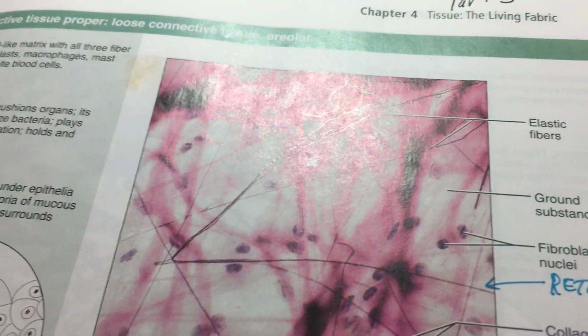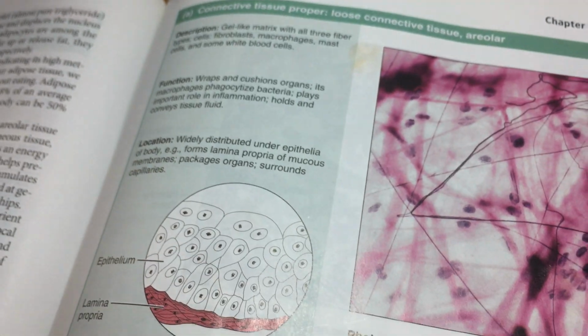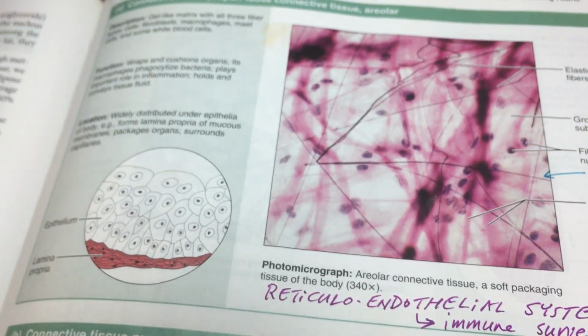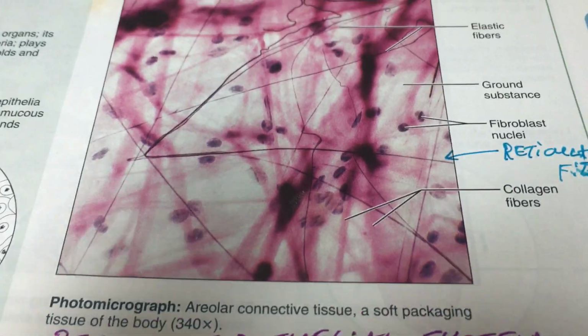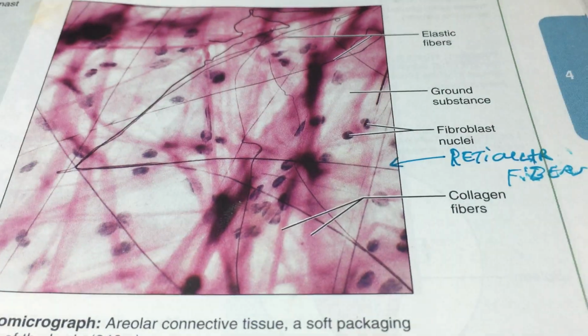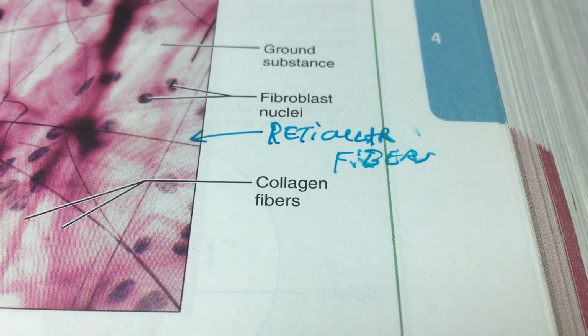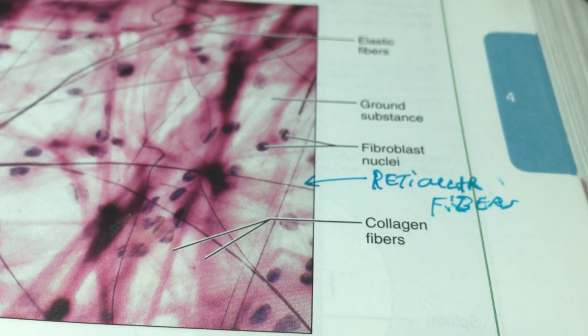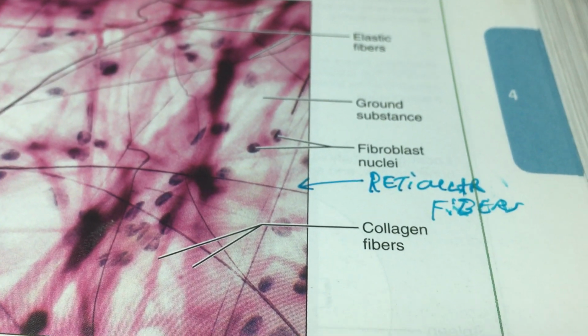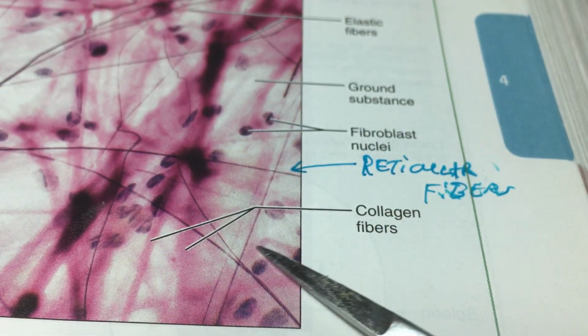Okay, how am I doing here? Let me bring this around a little bit like this. Maybe it'll be better. Okay, so this is the idea here. You can see here that we have collagen.